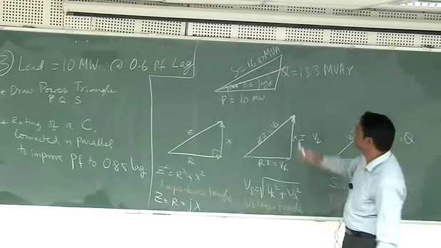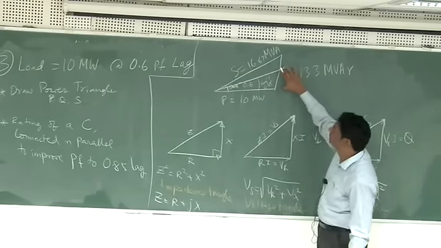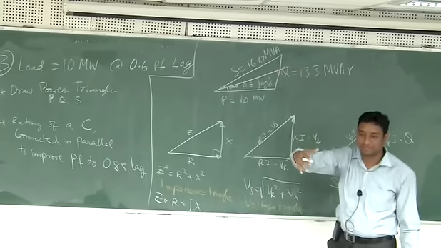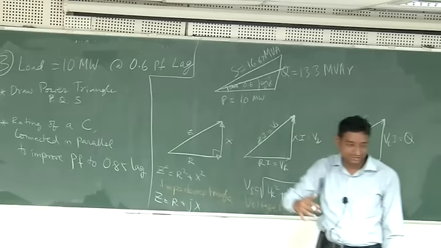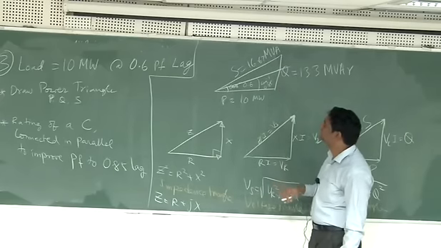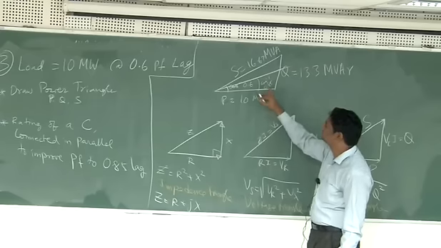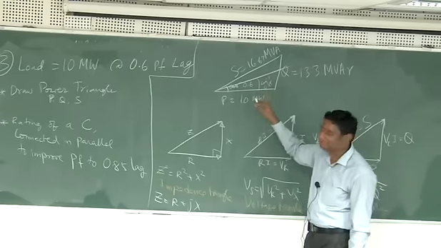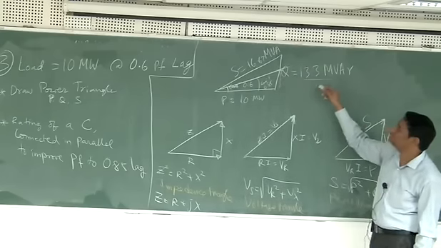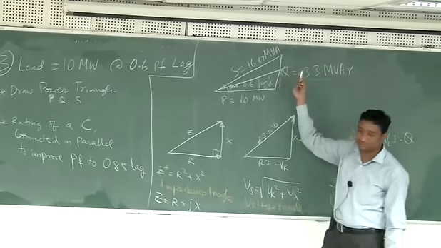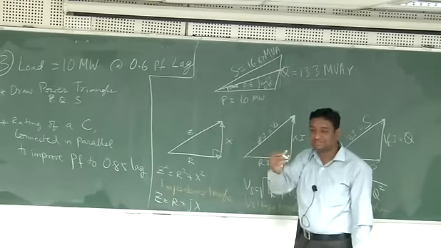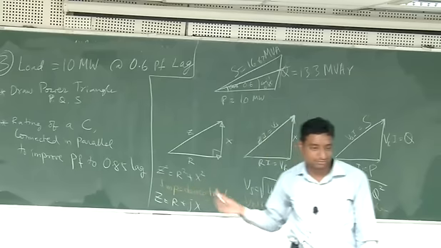The question now is where it touches here, how much is this one? Then the remaining part is actually your capacitor rating to reduce that. So cos inverse 0.85, you have to repeat that problem. You will get this length. Then subtract it from 13.3, then you will get something maybe 2.2 or 3.4 or something like that. This small value will be your capacitor, which will improve the power factor.